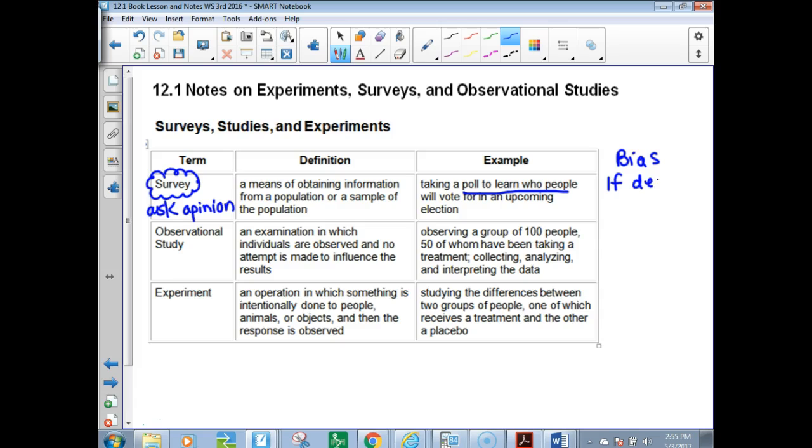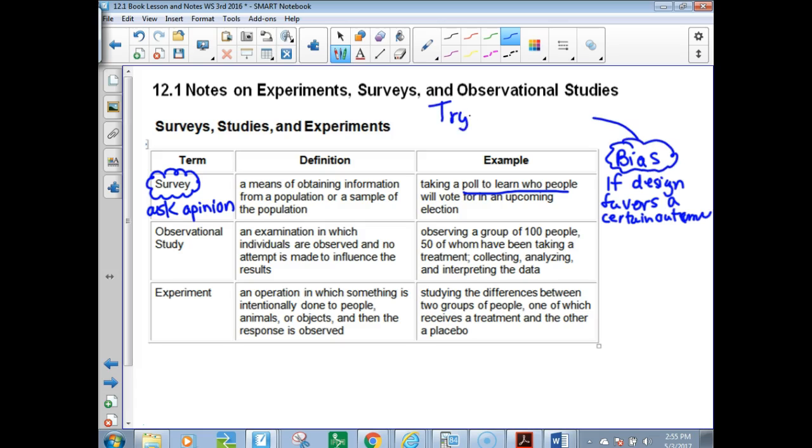If the design favors a certain outcome, then there's bias. You already have this written down, you didn't have to write that because it was already printed there for you. So when there's bias, what does bias imply?